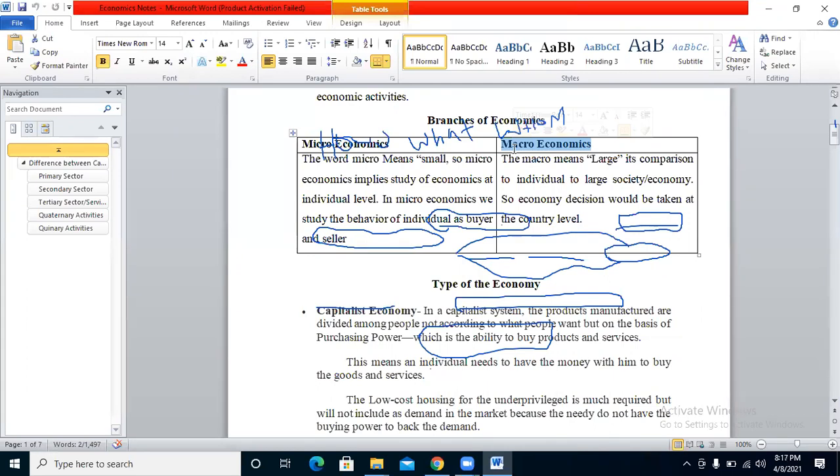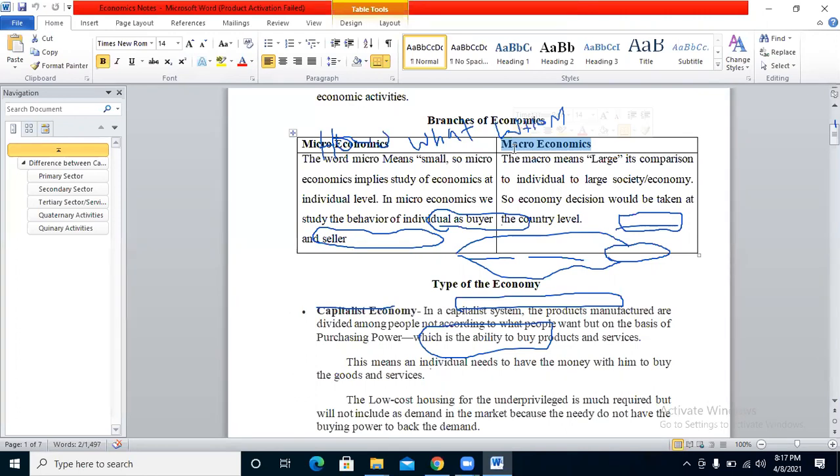So macro itself means large. It discusses what is going on in society or in economic activity, so economic decisions can be taken in the country. If we study microeconomics at the micro level, the total economic decision is based upon the macroeconomic level.